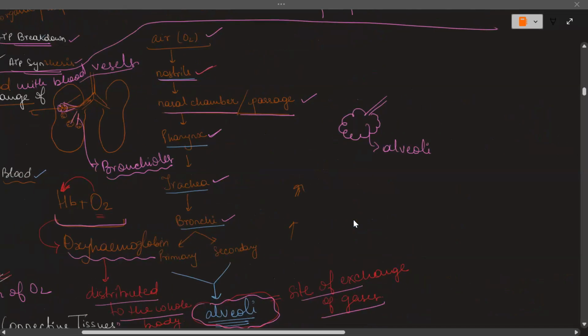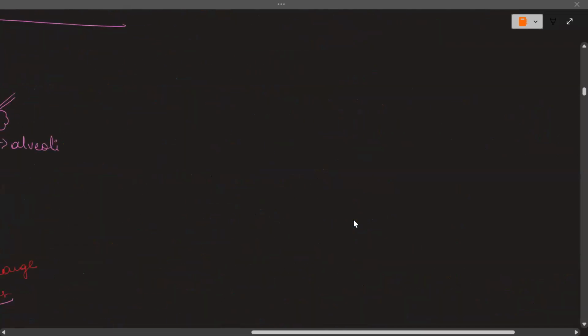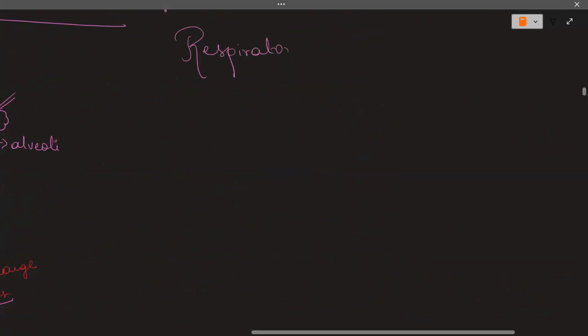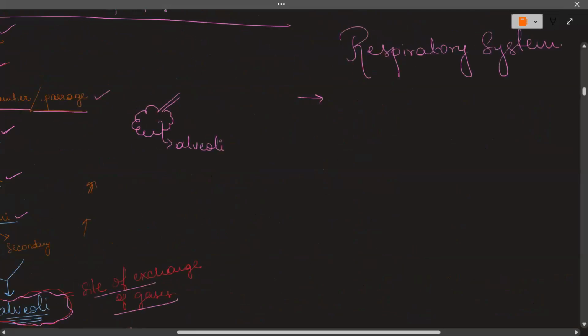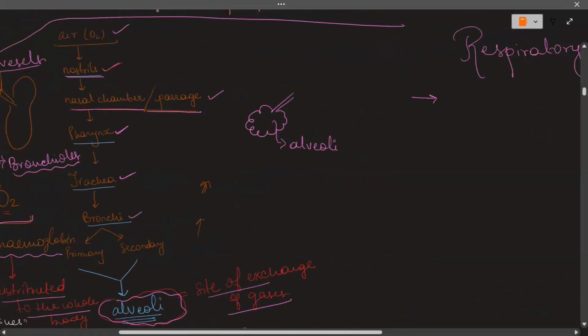All right. Now we will see in more detail about the respiratory system. Now, here the first thing we know is that the human respiratory system involves certain components such as the conducting pathway that you have written.